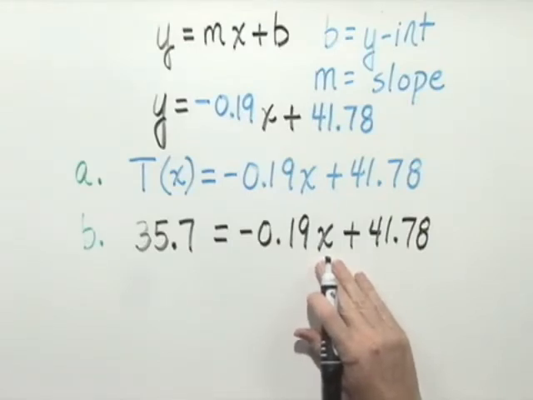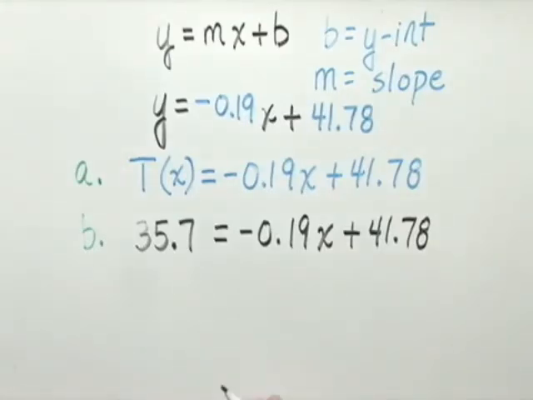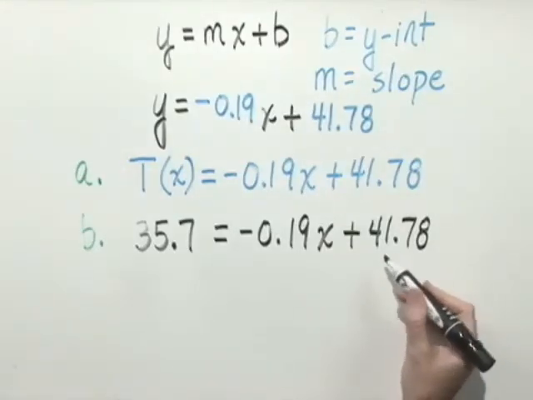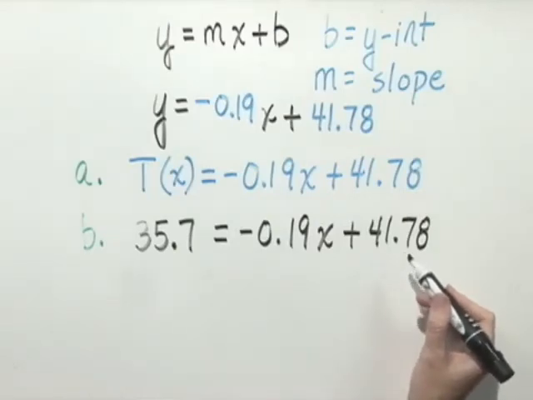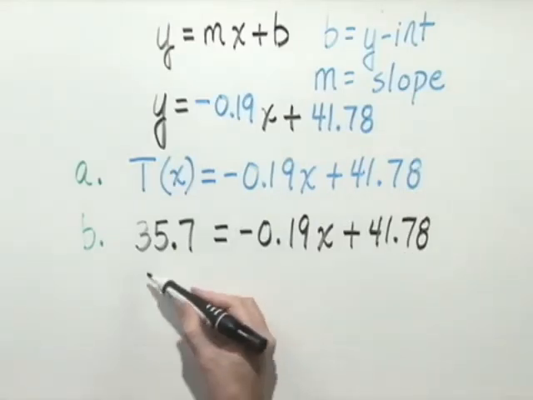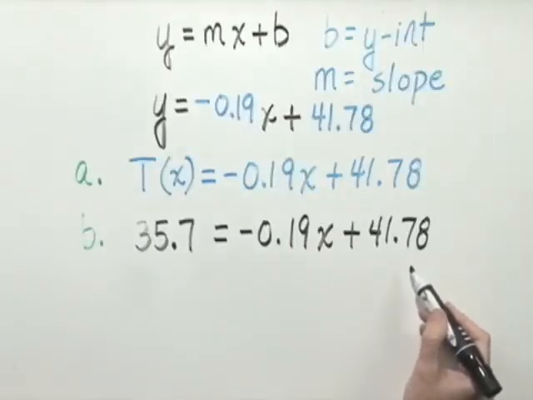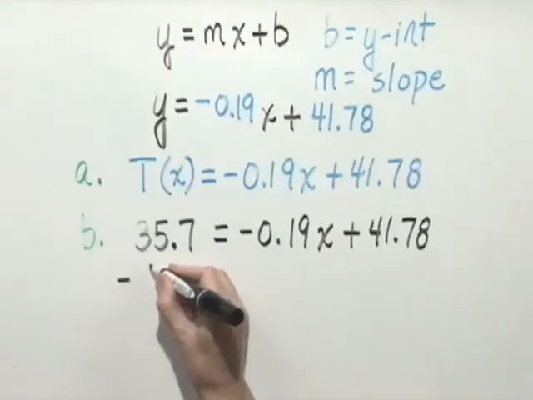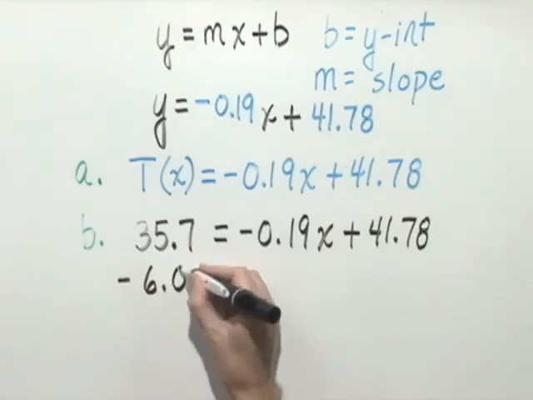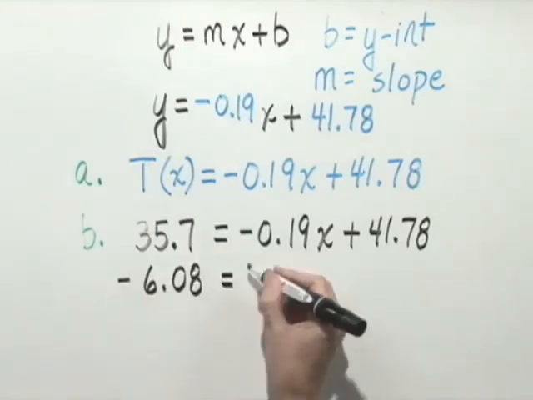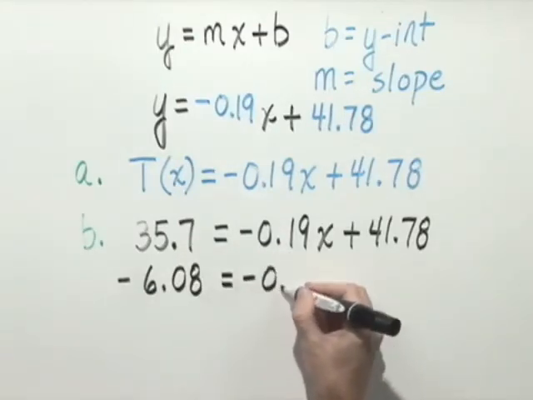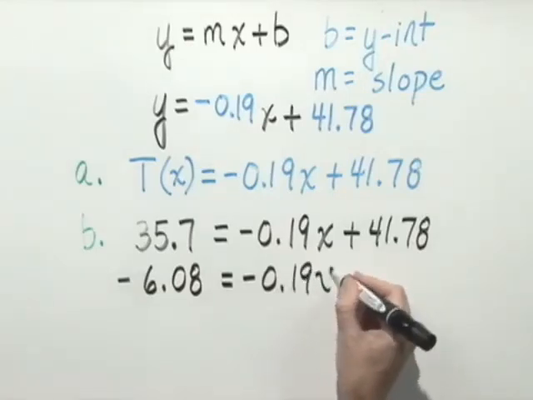When I solve for x, remember, x represents the number of years past 1980. So the first thing I'll do is subtract 41.78 from both sides of this equation. When I do that, 35.7 minus 41.78 gives me negative 6.08, which is equal to negative 0.19x.